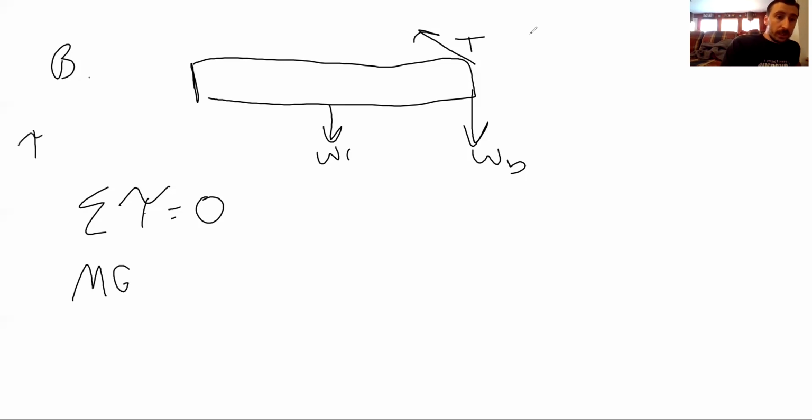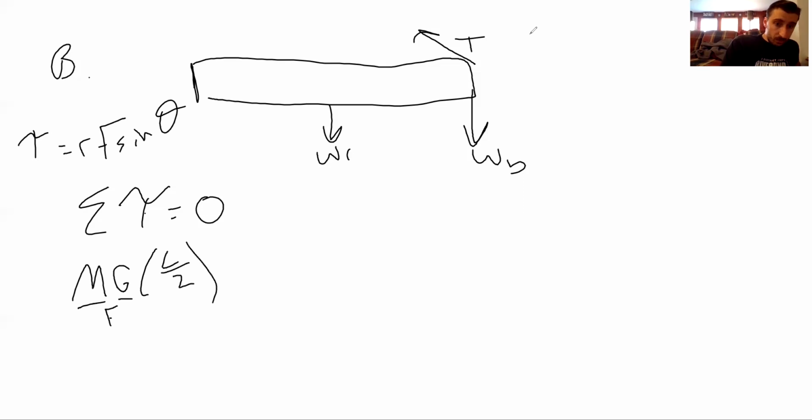And remember that torque is r F sine theta. And so the force is mg. The r is going to be half of the length, so L divided by 2. Okay? And that is going clockwise, right? Yeah, that's going clockwise.